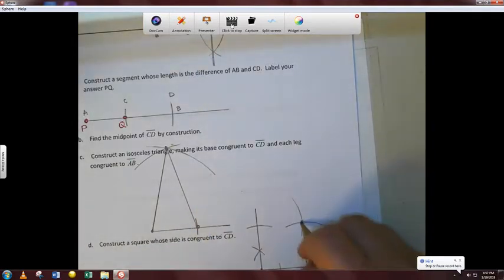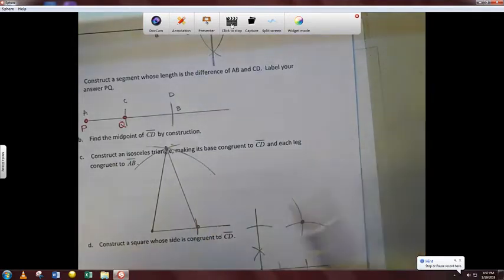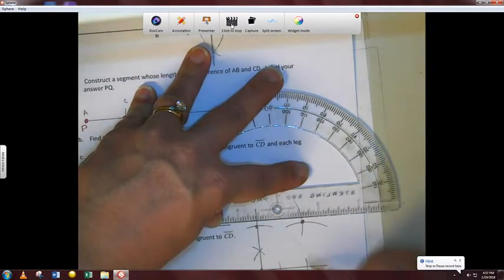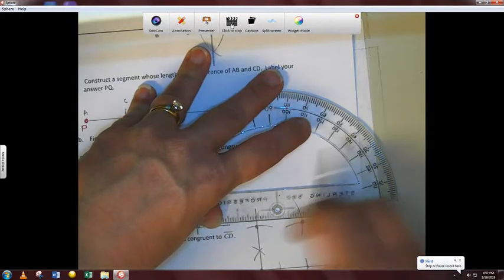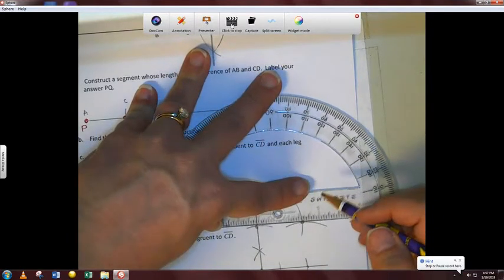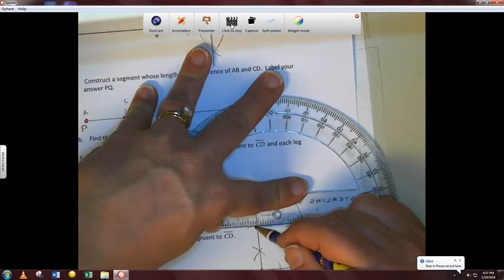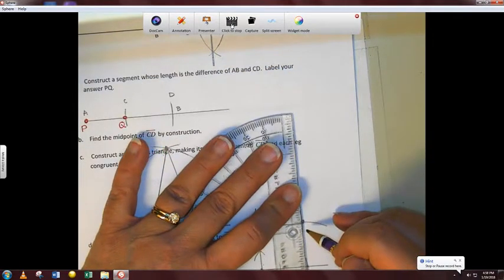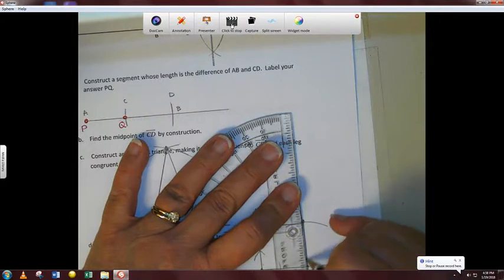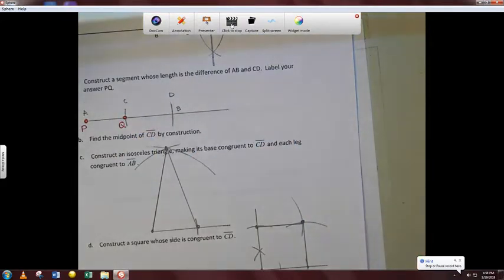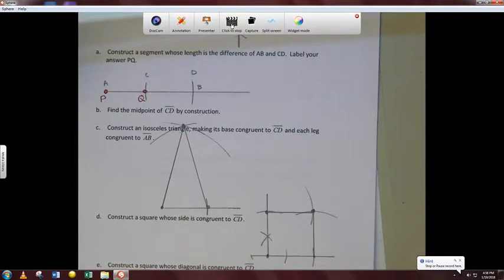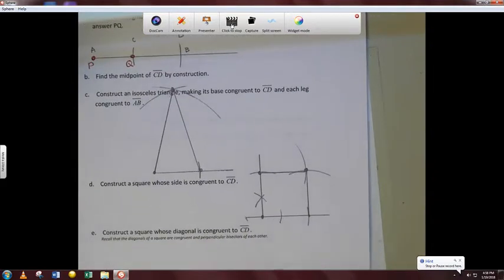That's where they intersect. So now I can connect all of the points that I need and make my square.